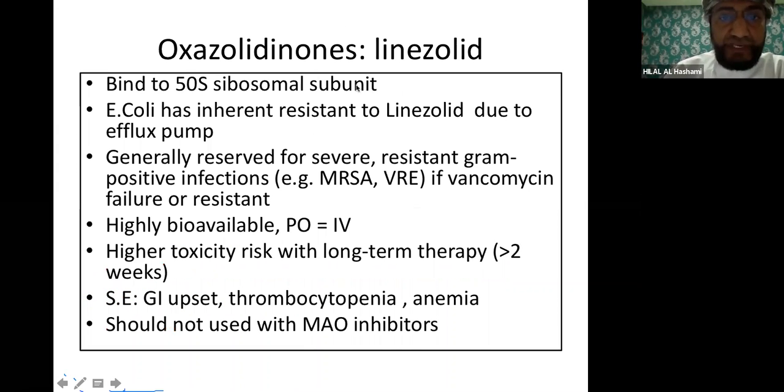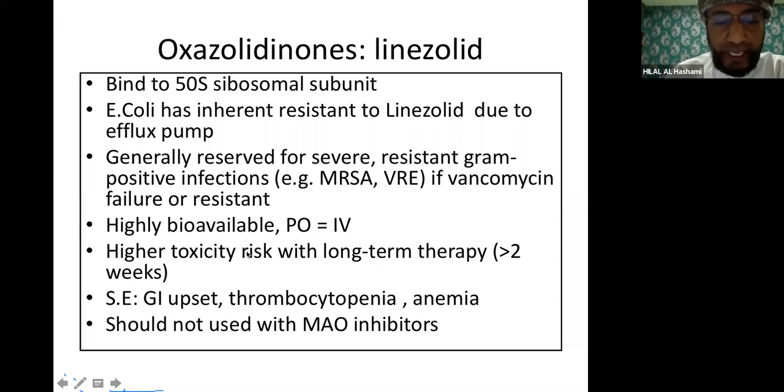Then we have linezolid. It binds to the 50S ribosomal subunit. E. coli has inherent resistance to linezolid due to the efflux pump, and linezolid is generally reserved for severe resistant gram-positive infection, like MRSA and VRE, if vancomycin fails or there is resistance.